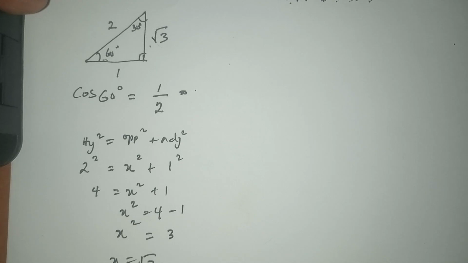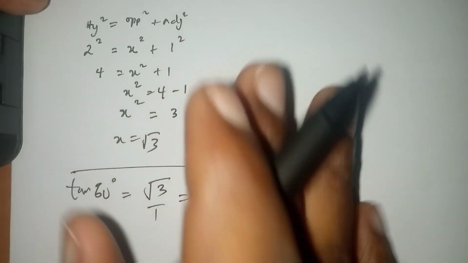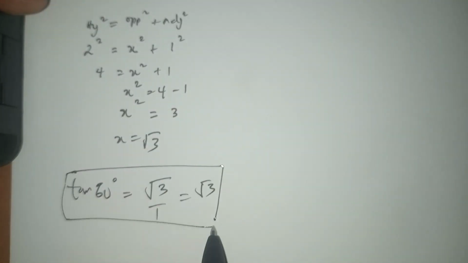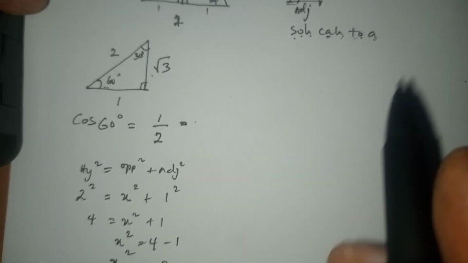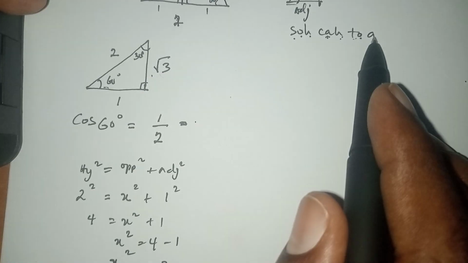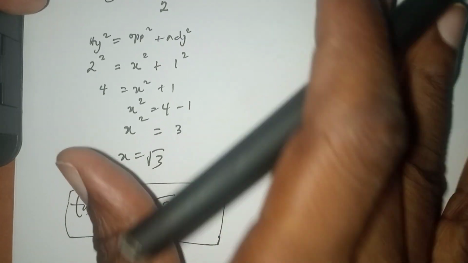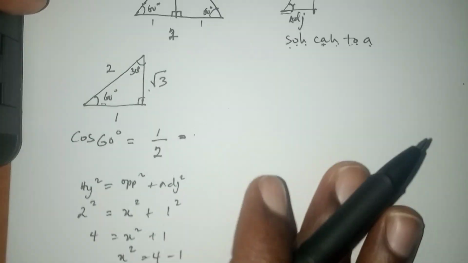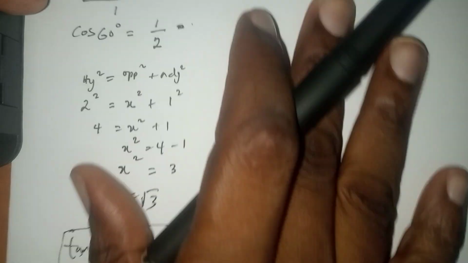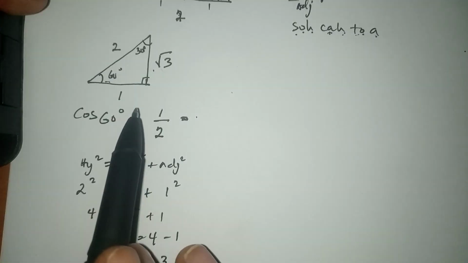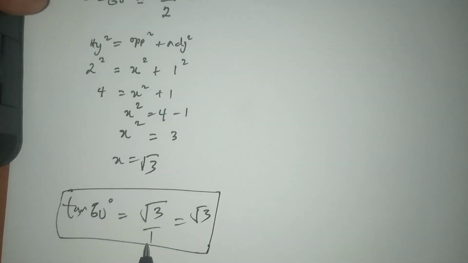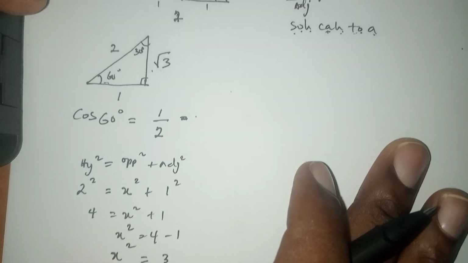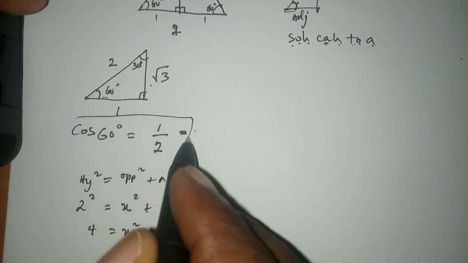So that's root 3 over 1, so it's root 3. Don't forget, let's circle this one too.